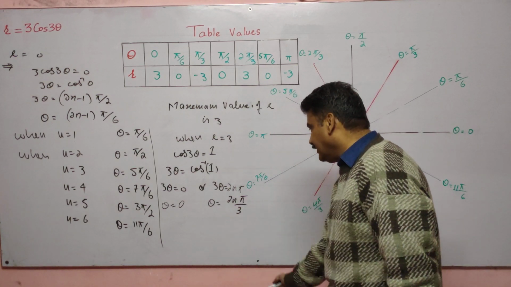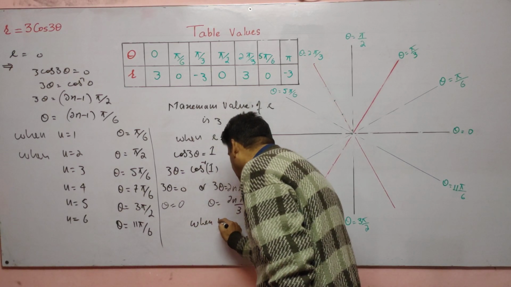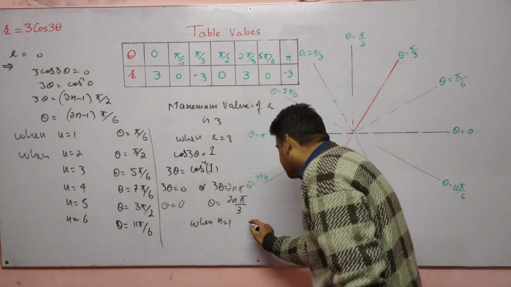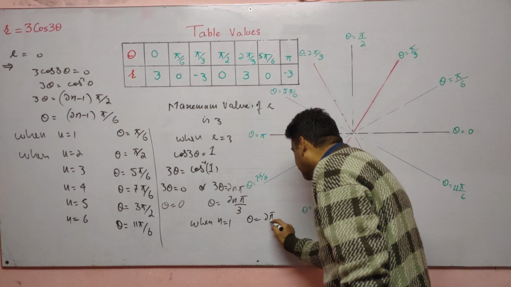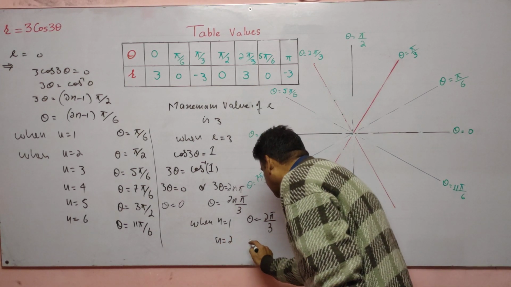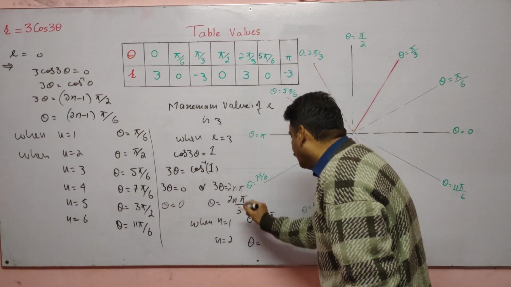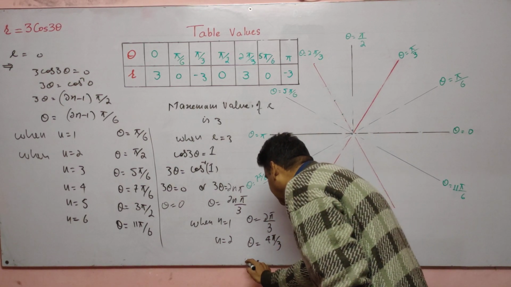For different values of n, when n is 1, θ is equal to 2π/3. When n is 2, θ will be 4π/3, and θ is equal to 0.